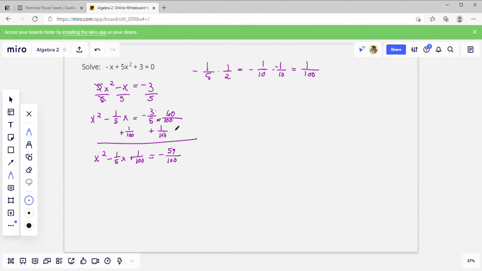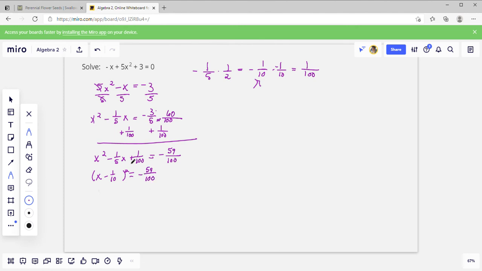All right, and then I'm going to factor this. So I've got an x, and then it's going to be my middle term right here, so minus 1/10, squared. 1/10 plus 1/10 would make 1/5, 1/10 times 1/10 would make 1/100.